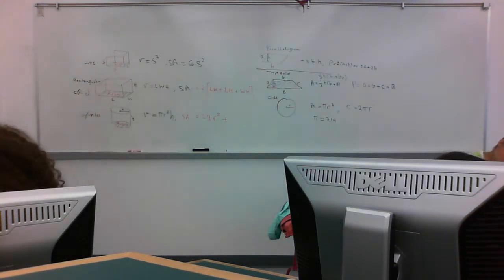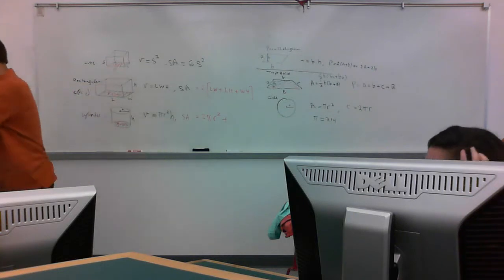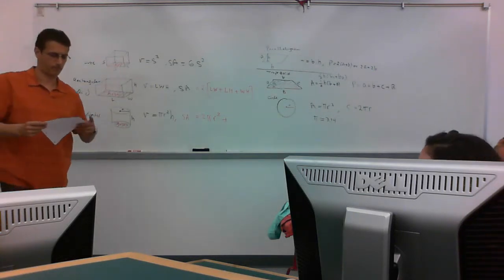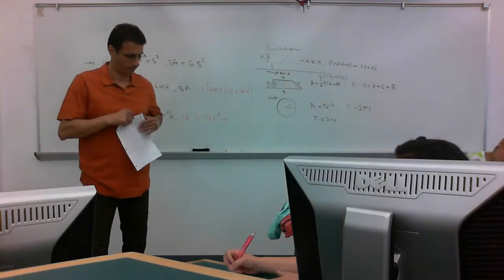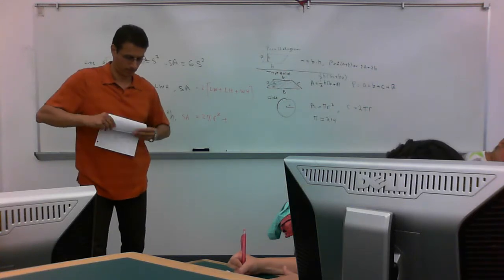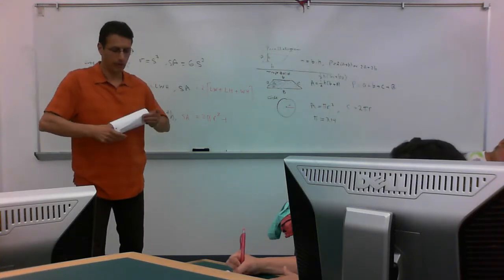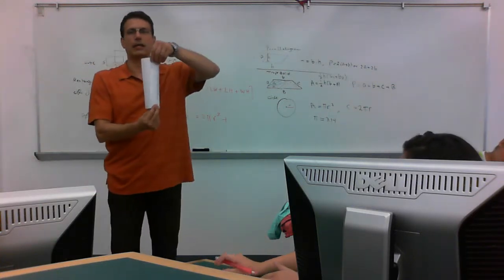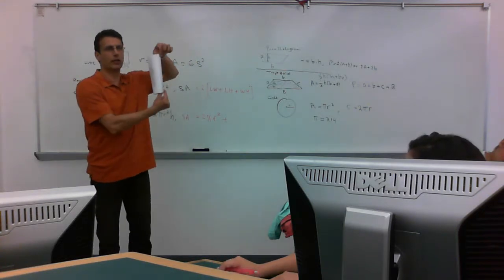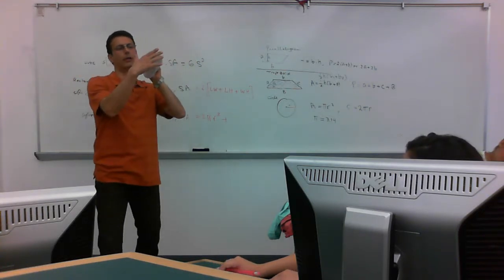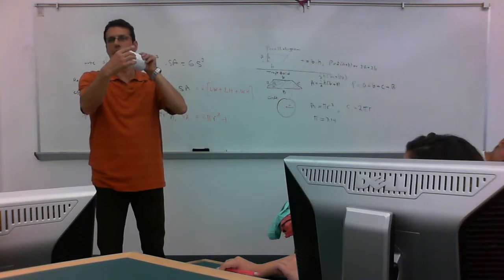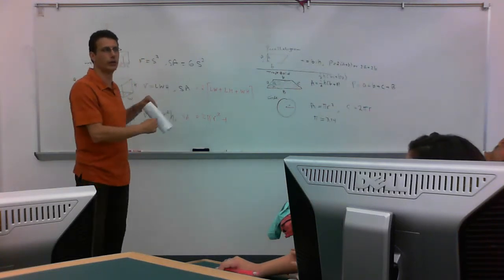Here's what happens, class. Take a look at this, everybody. If we look at this and it looks like a cylindrical shape, the area of the base is pi r squared, and therefore we have 2 of them, right? 2 pi r squared, right?